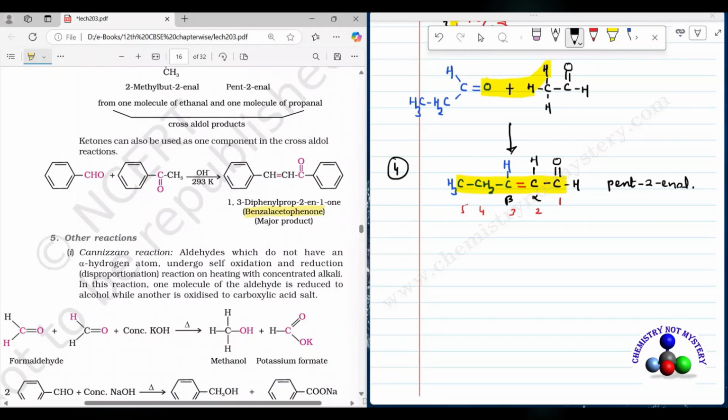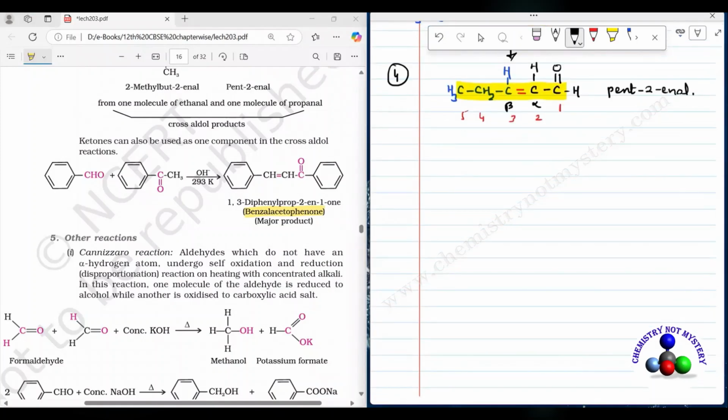Now let's understand how this reaction takes place. When aldehyde and ketone both are present in the molecule, so this is C double bond O H. This is aldehyde functional group and this is ketone functional group. When they both are present in the molecule, which will act as a nucleophile and which will act as an electrophile?